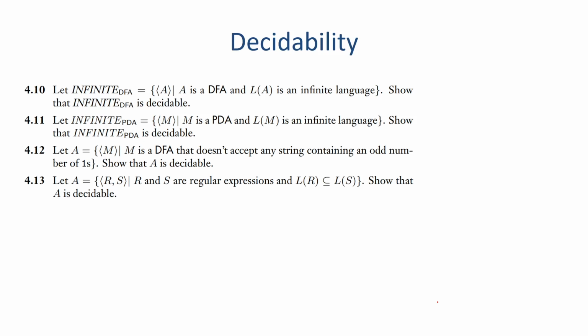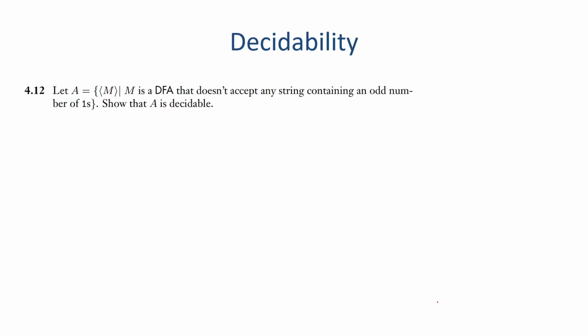There are a lot more questions for decidability that you could use. It goes on the same flow that we've done. So look at these questions and try at the very least to solve this one, 4.12. What does this question say? We can read it together.